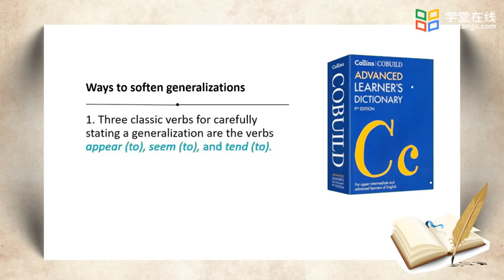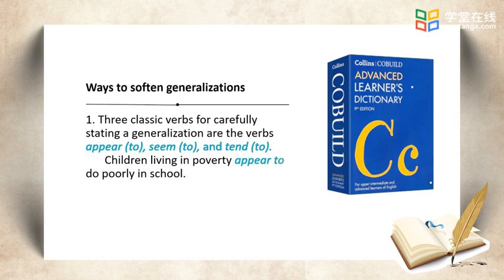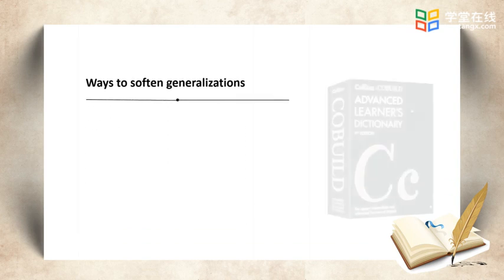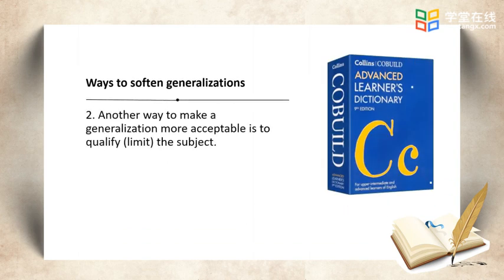Number 1. 3 classic verbs for carefully stating a generalization are the verbs appear to, seem to, and tend to. For example, children living in poverty appear to do poorly in school. Number 2. Another way to make a generalization more acceptable is to qualify or limit the subject.